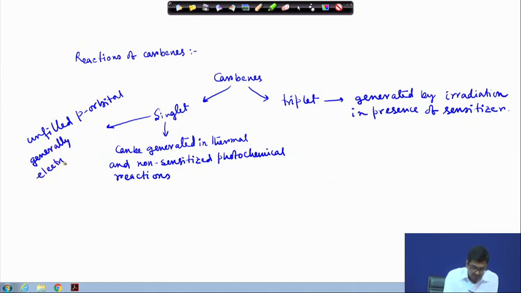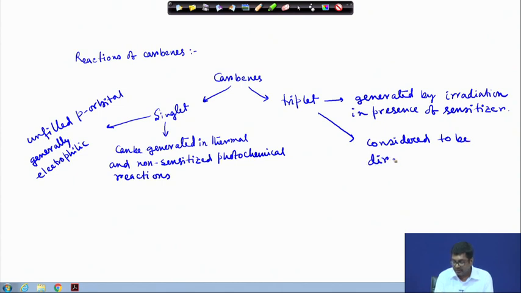But in triplet carbenes, the two electrons are not paired; they stay in one sp2 as well as the p orbital, so it can be considered a diradical. So the reactivity of these two carbenes is different, and their reactions will be different.